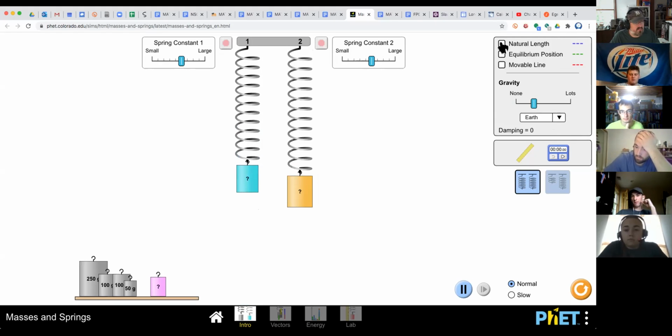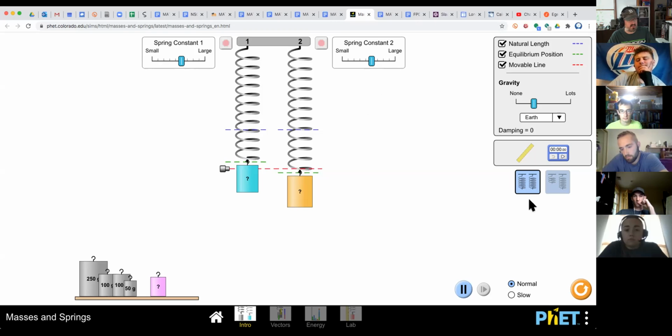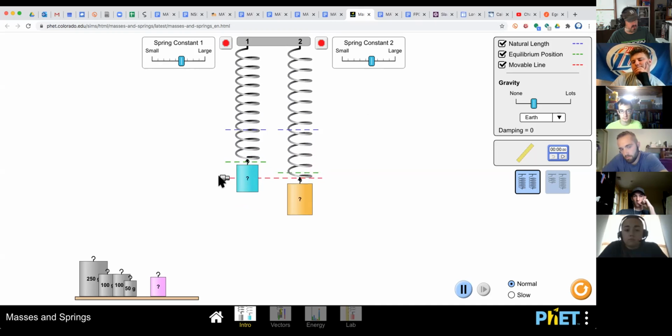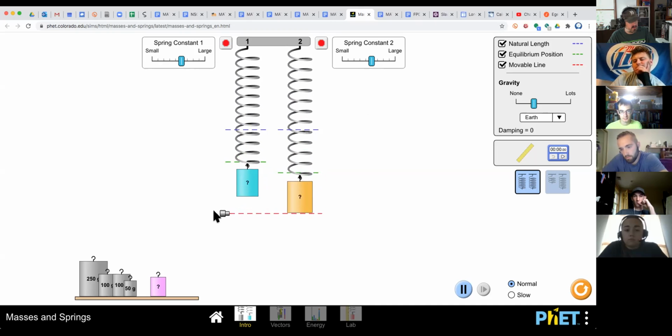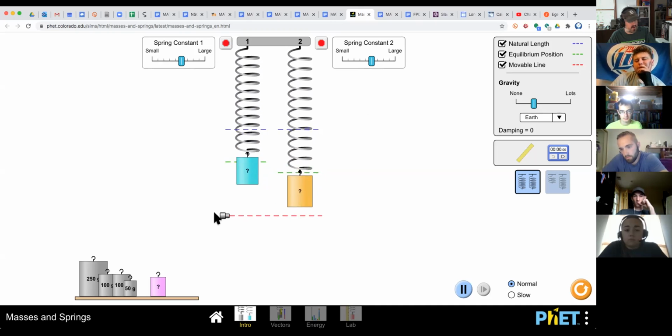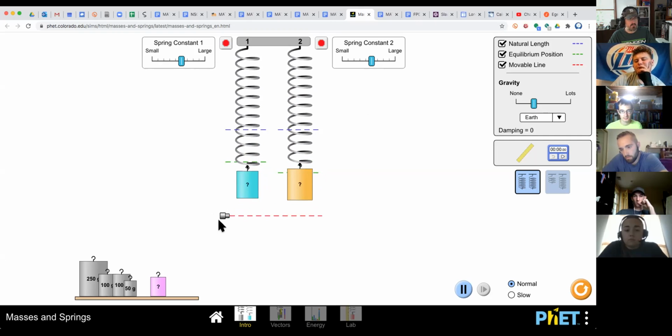Yeah, it is. So if I do natural length, you can see where that would be. Equilibrium position is where they're at right now. And with the movable line, you can see what happens if you set them into motion. You can say, I think this one makes it all the way down to here. That's the bottom. And so you could measure distances and things like that with this.